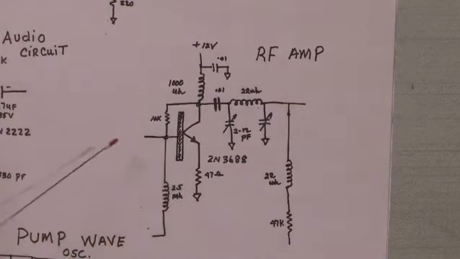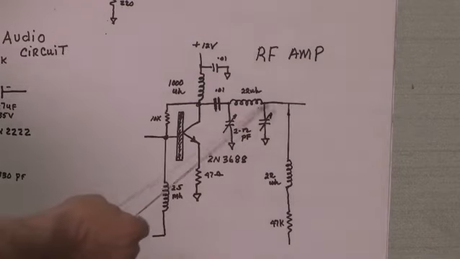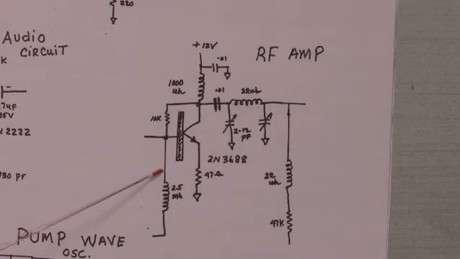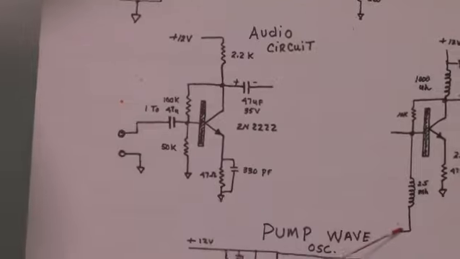So, the thing about this RF amplifier is this RF amplifier must include the pump wave and the modulating wave. And you can see right down here at the base, there's a 2.5 millihenry choke. And that choke then connects over here to the audio amplifier, like this.